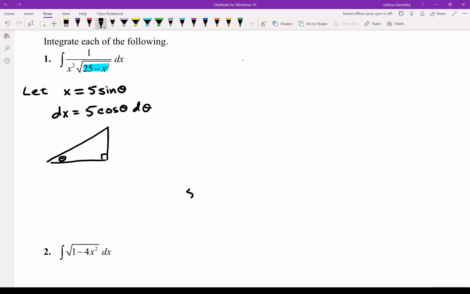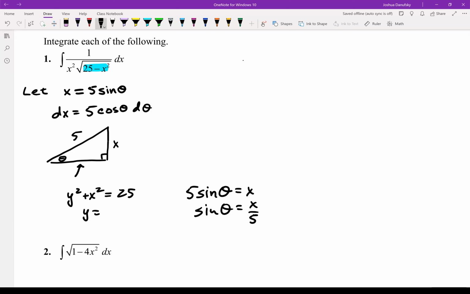Because we have that 5 sine theta is equal to x, that means sine theta is equal to x over 5. And we know that sine is the opposite length over the hypotenuse. Now, we could use the Pythagorean theorem to see that if we take this leg here, let's call it y for a moment, that would be y squared plus x squared equals 25, leaving us with y equaling the square root of 25 minus x squared.